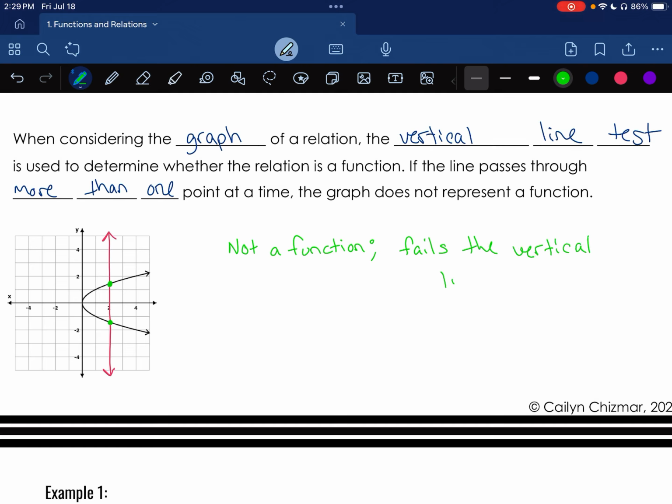And I always say my students can abbreviate it like VLT, because I know sometimes spelling that kind of gets scary. All right, so on the back, we're going to have 3 examples. Each will have 3 versions in the example. There's 3 main ways that we're going to look at functions, or relations to try to determine if they're functions. So 3 different representations.